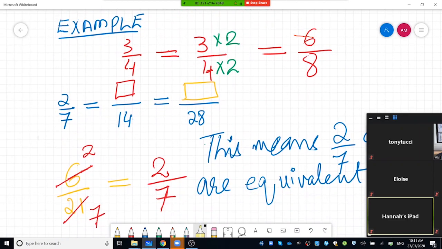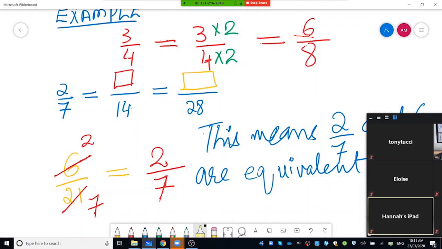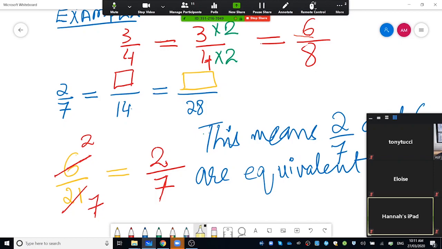Let me ask you a question, and somebody should tell me, or just write in your chat. If it is 2 over 7 and we want its equivalent fraction, this is a red box. What should be here? Kindly type in your chat.